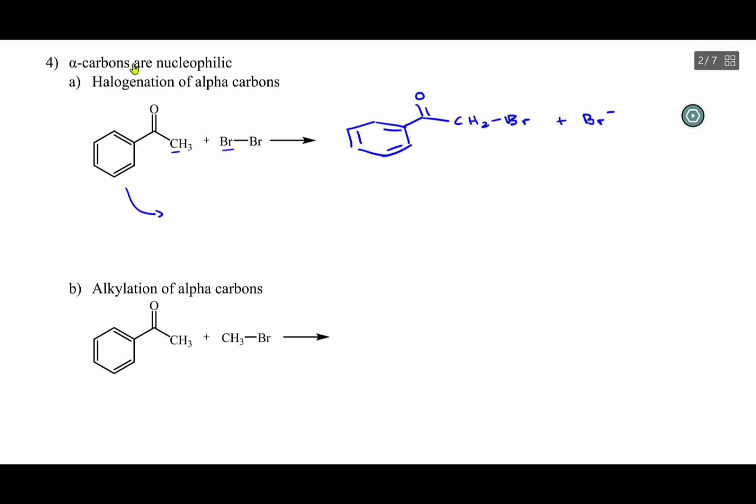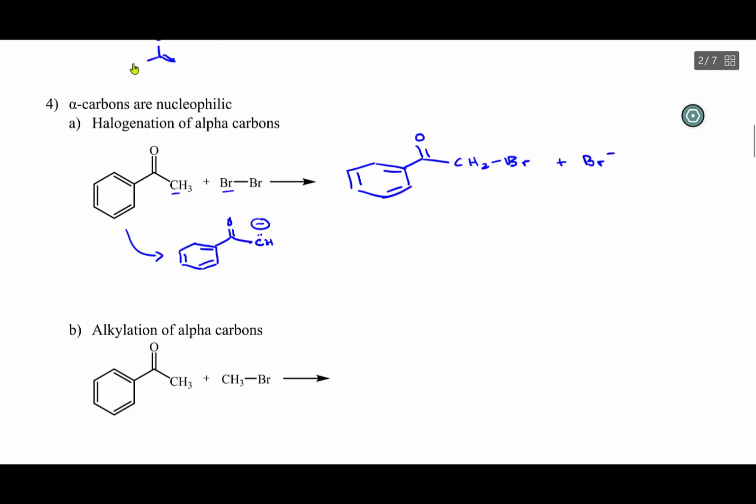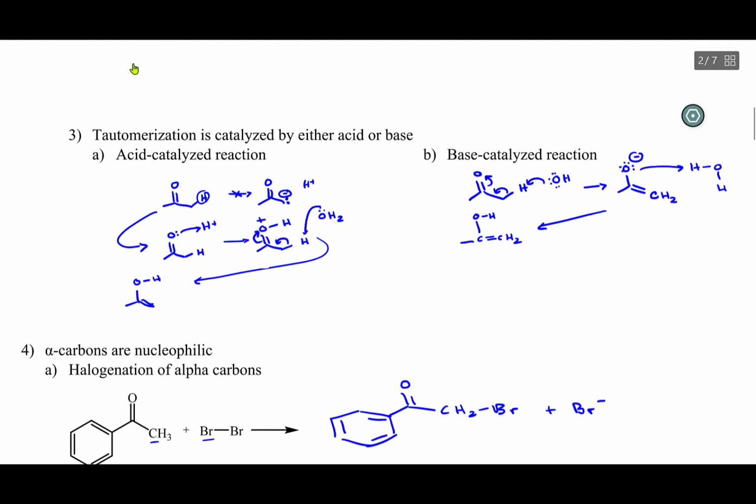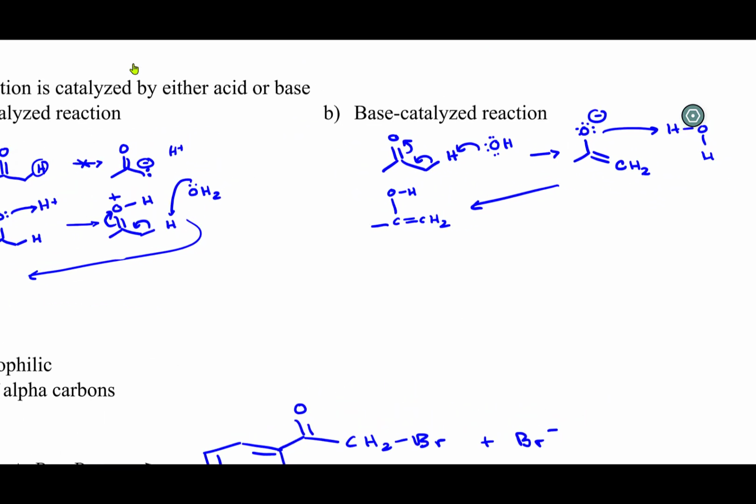First of all, let's say it's under basic conditions, right? The way that we would draw this out is we would first form the enolate. Now, if you need to review again, the enolate is formed in this step of the reaction using this same mechanism. So I can grab the hydrogen and form this guy here.